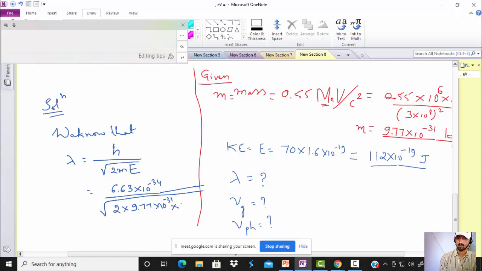The energy is 112 into 10 power minus 19.